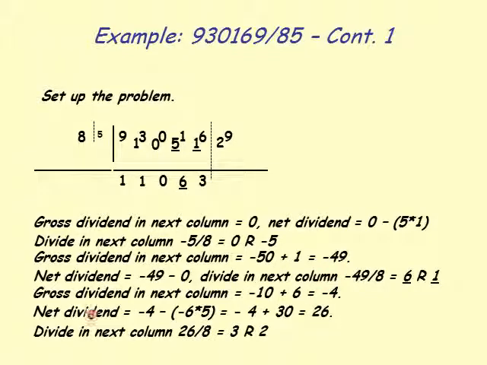The net dividend is minus 4 and the adjustment from here: negative 6 times 5 is negative 30, which we have to subtract. That makes minus 4 plus 30, which is 26. Now we divide. In the next column we have 26 divided by 8 is 3, remainder 2. Here is 3.